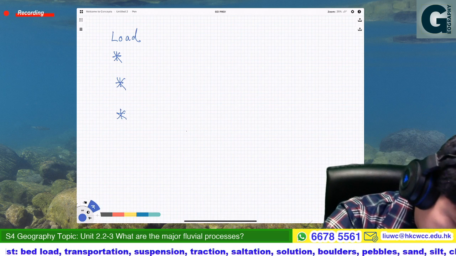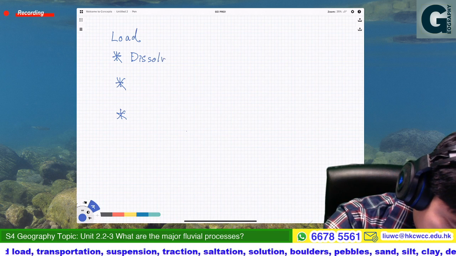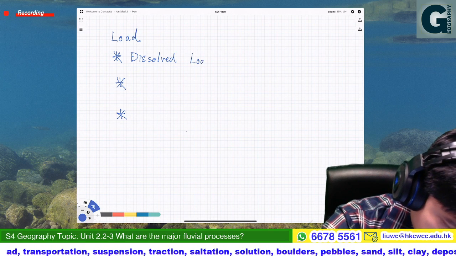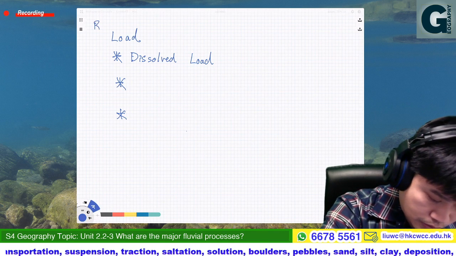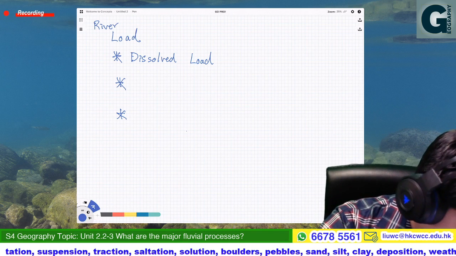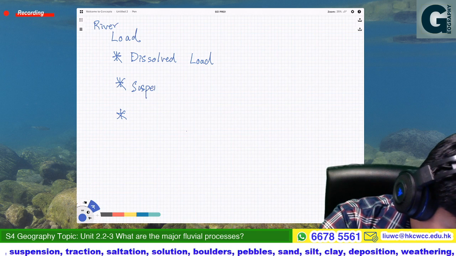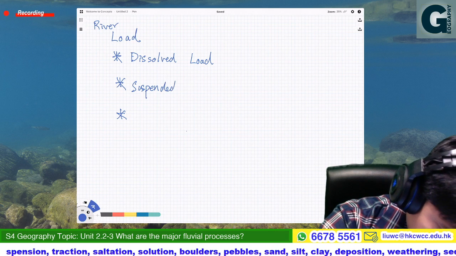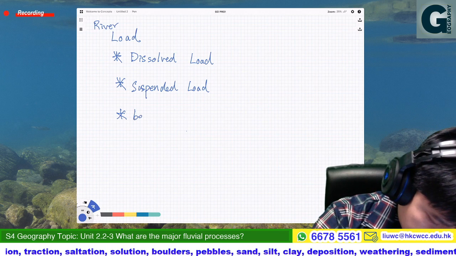They are dissolved load, suspended load, and also bed load.